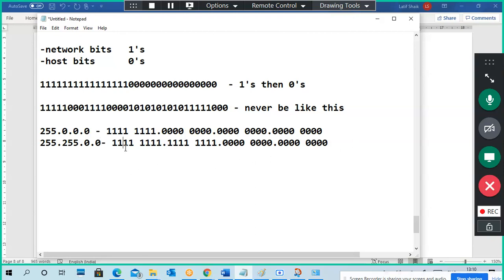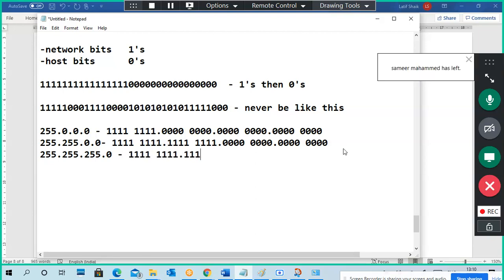You can even take a class C subnet mask, 255.255.255.0, with the third octet and fourth octet.